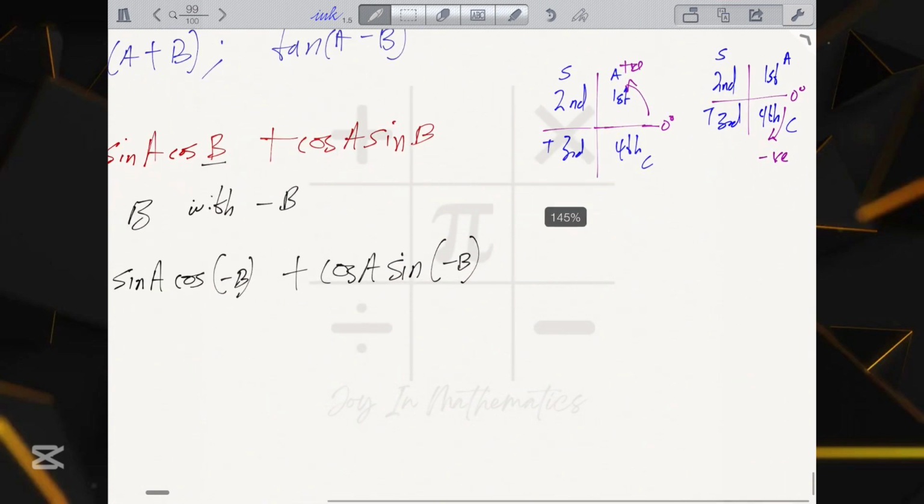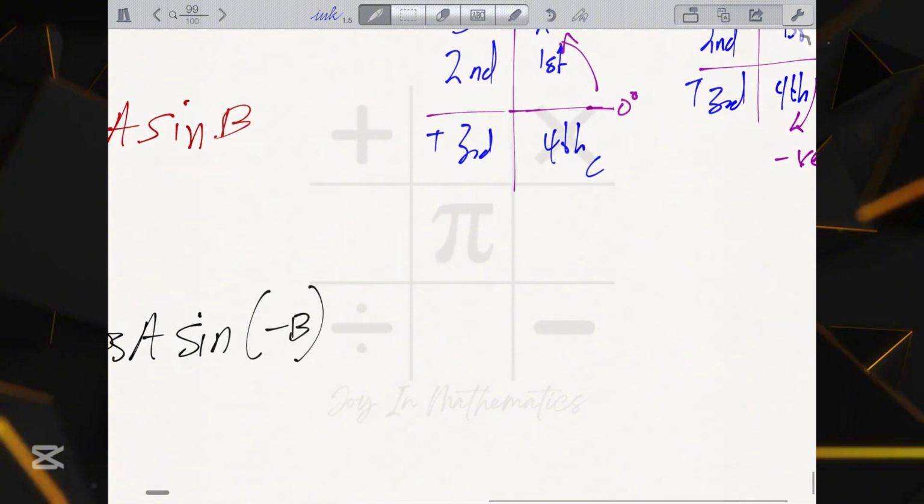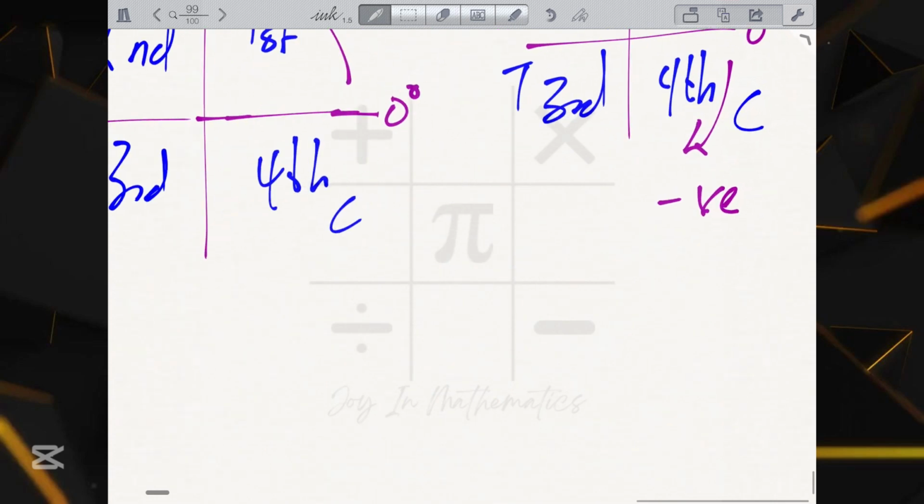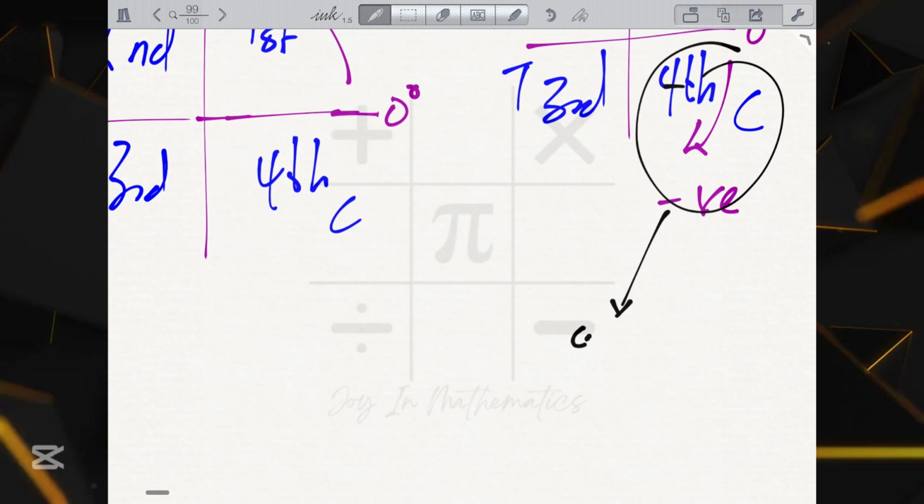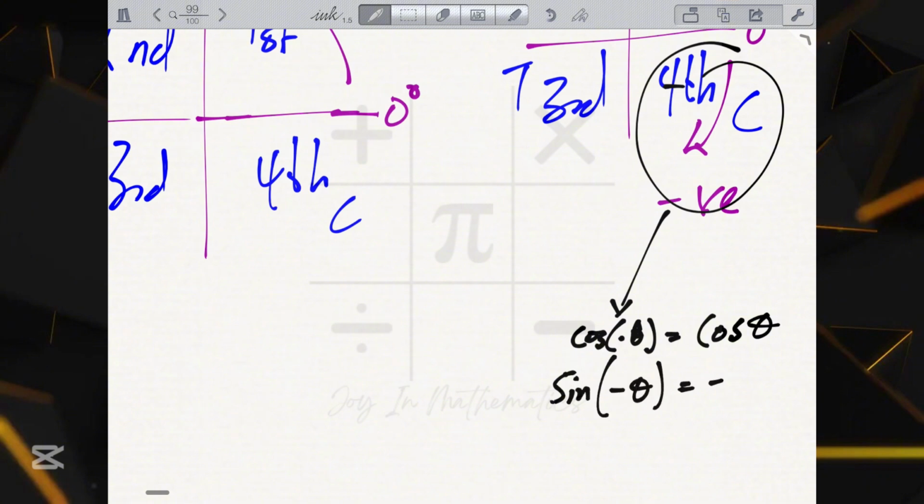So with this, we can conclude that for the negative angle, cos minus theta is equal to cos theta, because here cosine is positive. Likewise, sine minus theta is equal to minus sine theta, and tan minus theta is equal to minus tan theta.